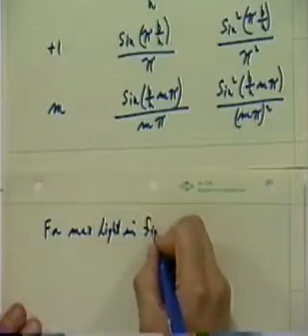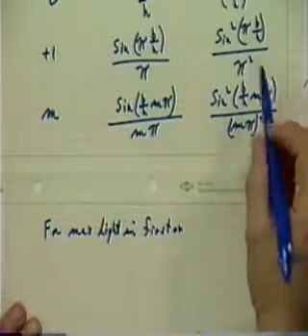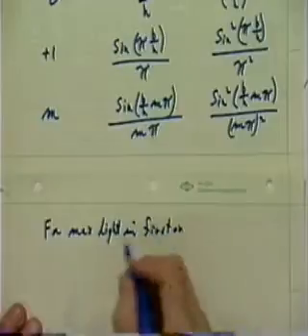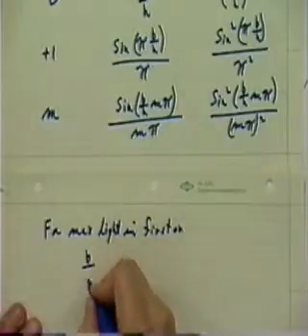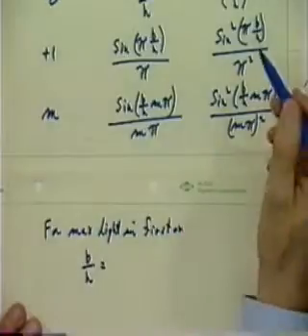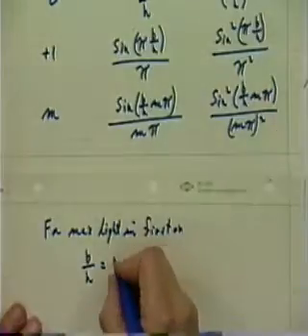So for max light in first order, so we had the amount of light in the first order was sine squared of pi b over h divided by pi squared. B over h should be equal to what to get the maximum amount of light in the first order? 1/2, good.